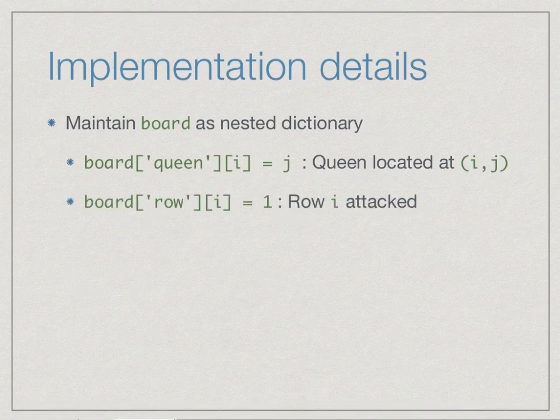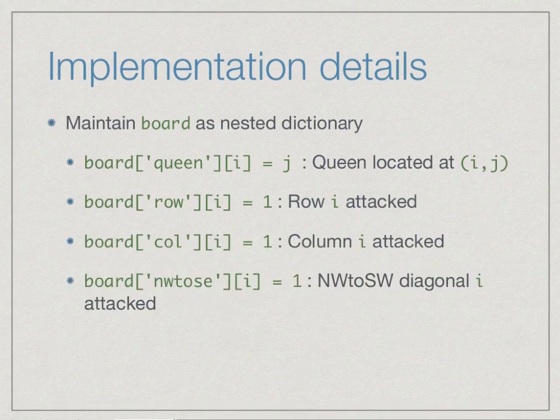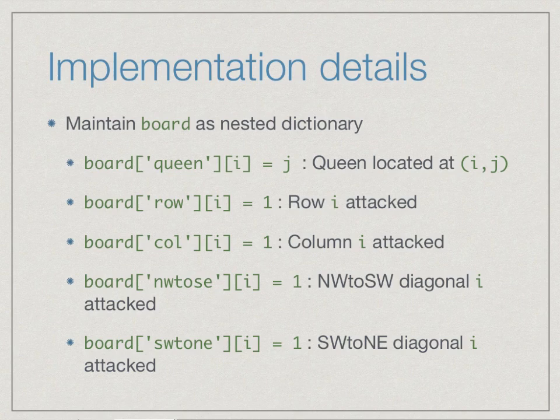Then instead of row i is 1 or 0, we will say that the board at key row is 1. Similarly, board at key column, board at northwest to southeast, and board at southwest to northeast. So we have just converted it so we don't have to pass around 5 different parts to each function. We just have to pass a single board, which is a dictionary which contains everything of interest.